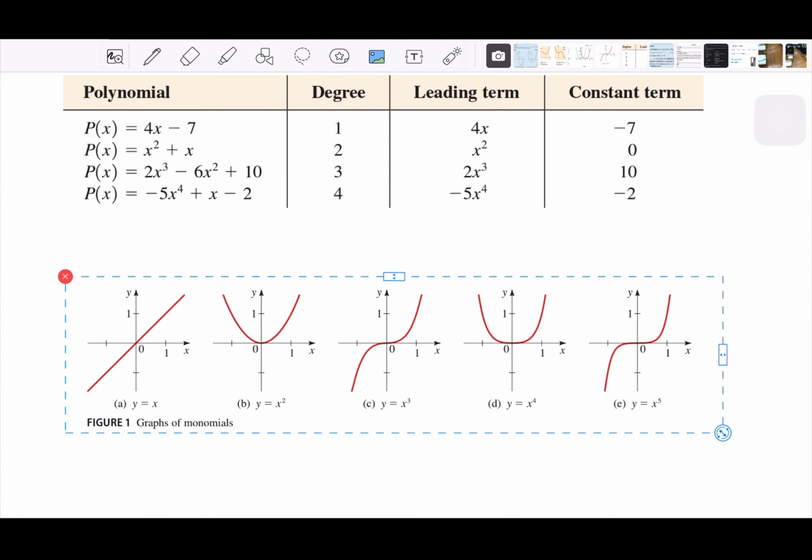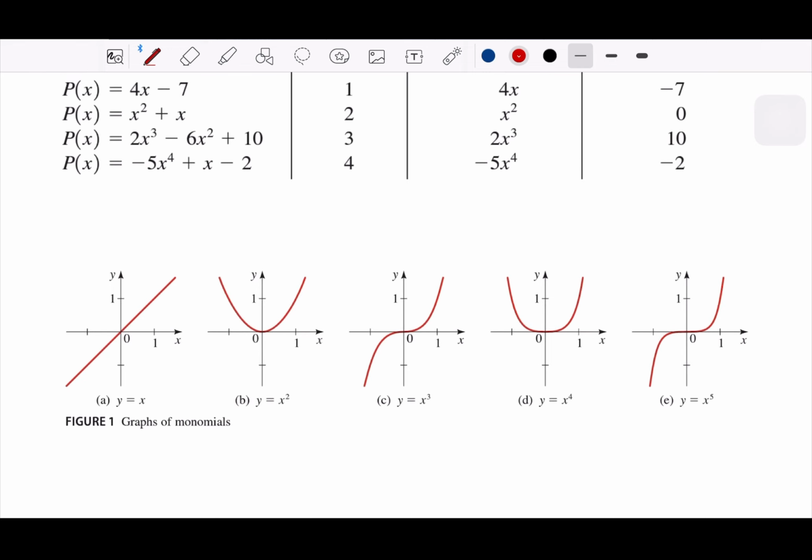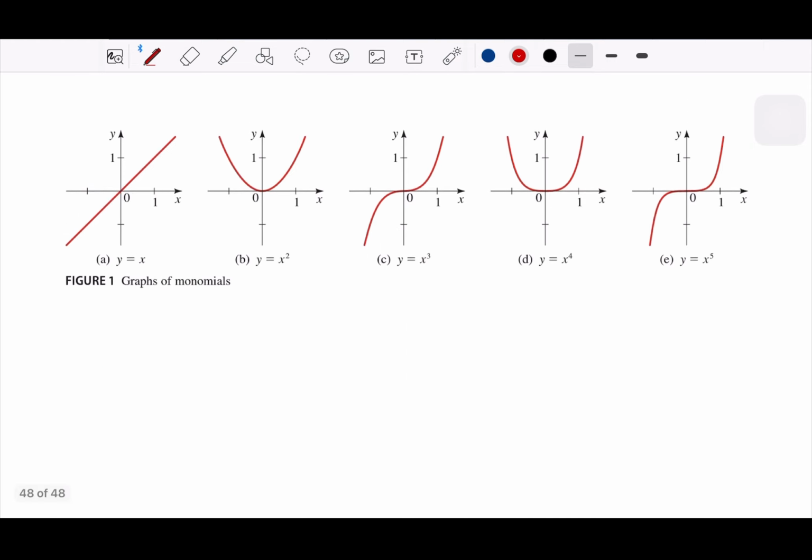Monomials means it only has one term: y equals x, y equals x squared, y equals x cubed. So these are some graphs of the monomials. Of course, since we have learned about transformations, we could also transform all these monomials with the transformation properties that we have from previous chapters.